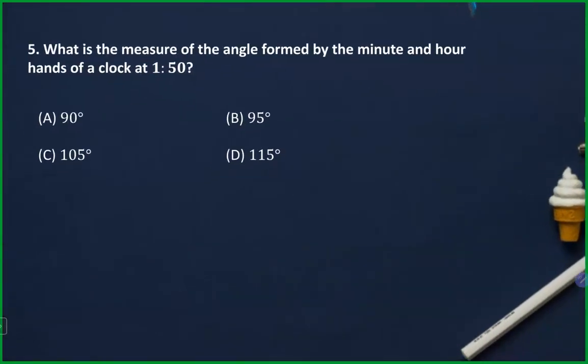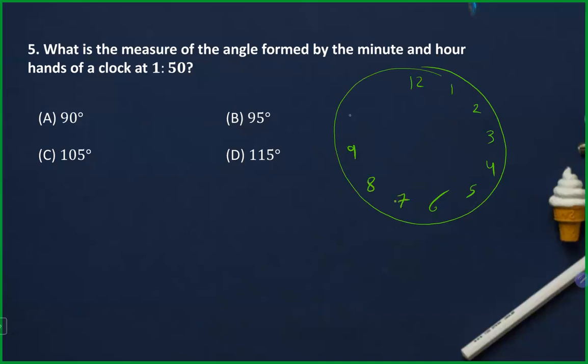What is the measure of the angle formed by the minute and hour hands of a clock at 2:50? This is also from Barron's book. So we have the clock: 12, 1, 2, 3, 4, 5, 6, 7, 8, 9, 10, 11.